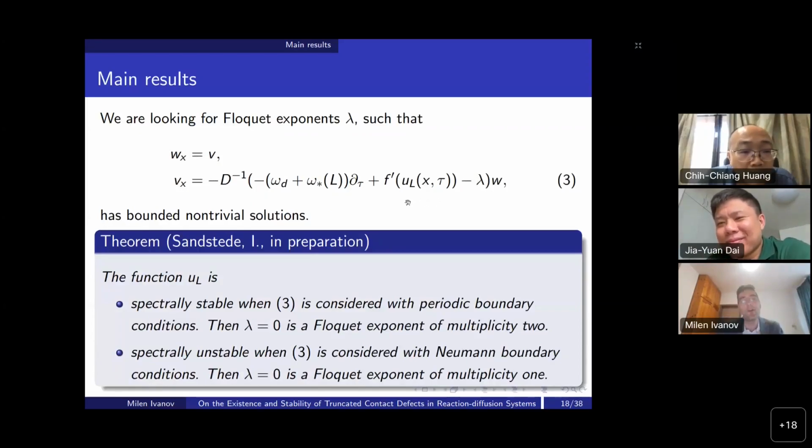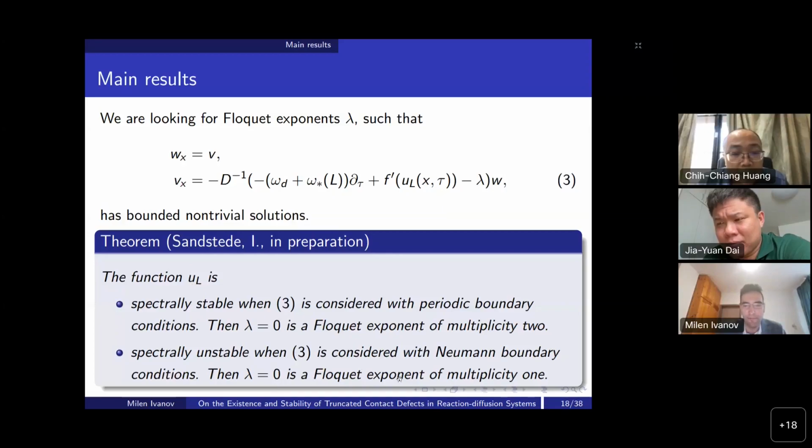Okay. So our result on spectral stability is the following. We have spectral stability when I give this equation periodic boundary conditions, and then λ=0 is a Floquet exponent of multiplicity 2. And when I give this Neumann boundary conditions, I have instability.